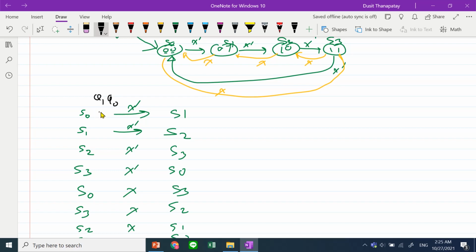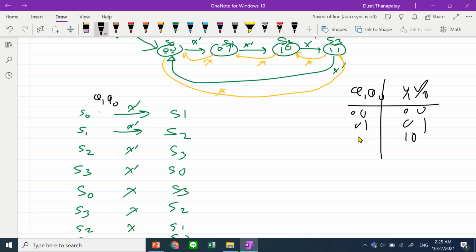Let me take a note in here: q1, q0, and output y1, y0. For the state that output is 0, 0 is 0, 0; 0, 1 is 0, 1; 1, 0 is 1, 0; and 1, 1 is 1, 1. The same. These are states S0, S1, S2, and S3.